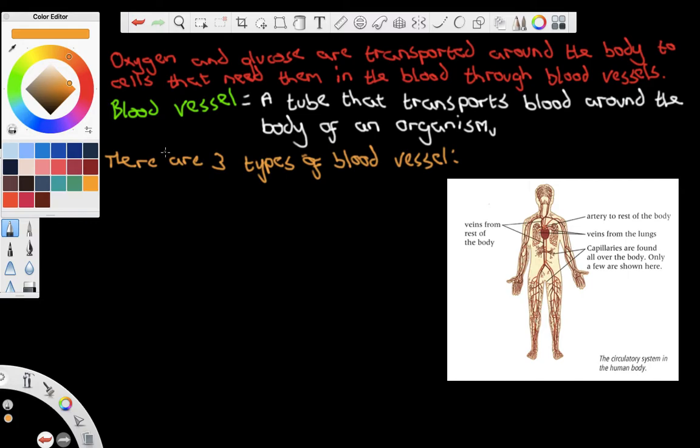The first one we need to talk about are arteries. Arteries carry blood away from the heart.